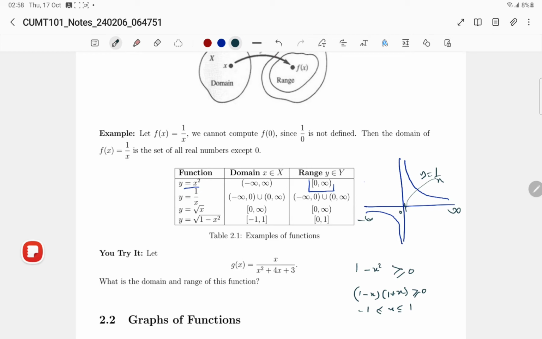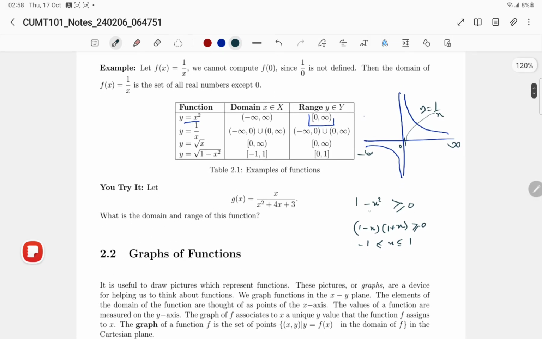You can verify this using a graph, in which we see that 1 minus x squared is a maximum graph. We talked about this in the previous lesson with a maximum graph.